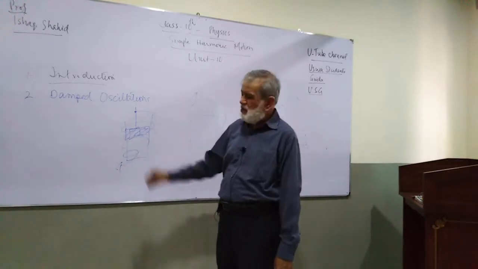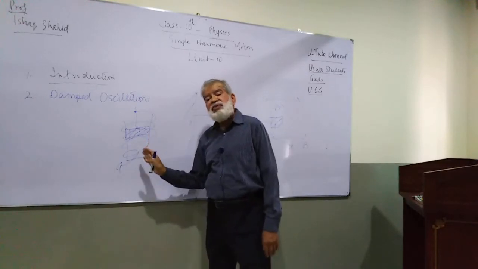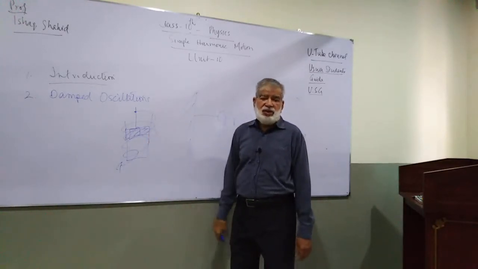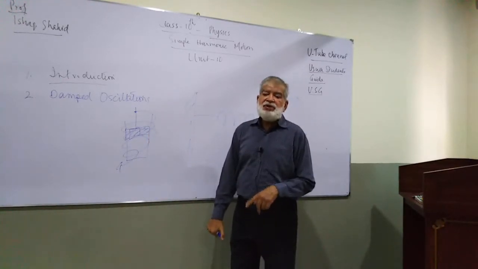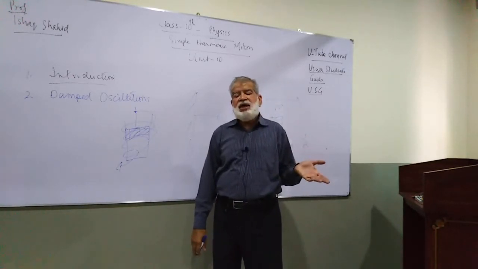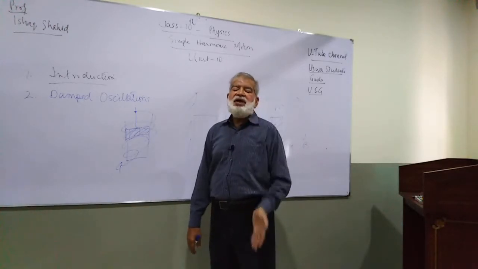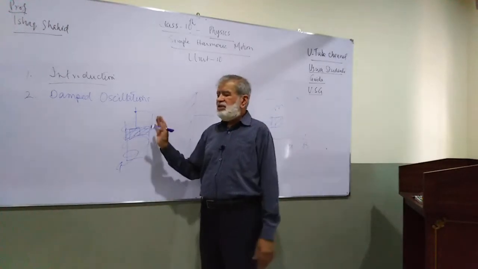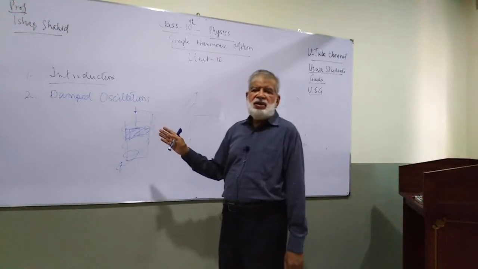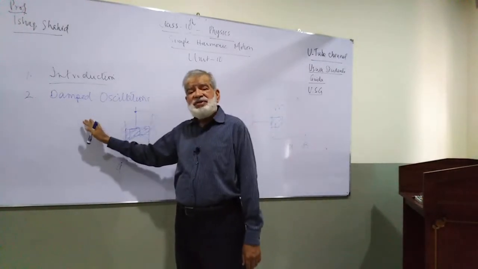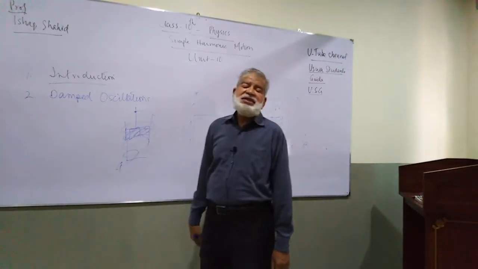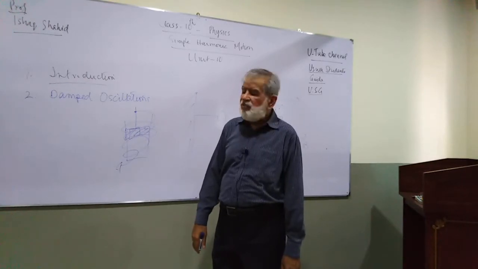You try to stop this vibration in the shock absorber, so that the occupants sitting in the car do not feel the constant movement of the vehicle up and down, up and down. Such an oscillation in the presence of a resistive force is known as damped oscillation.